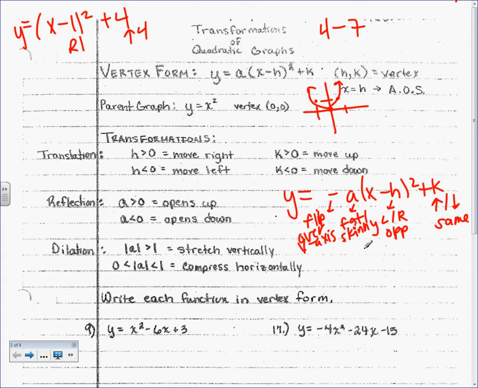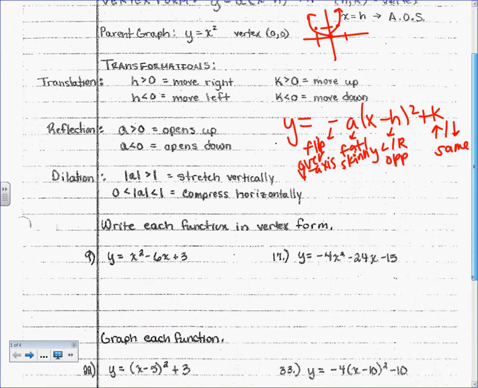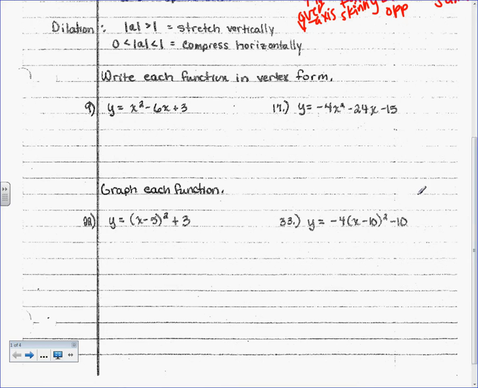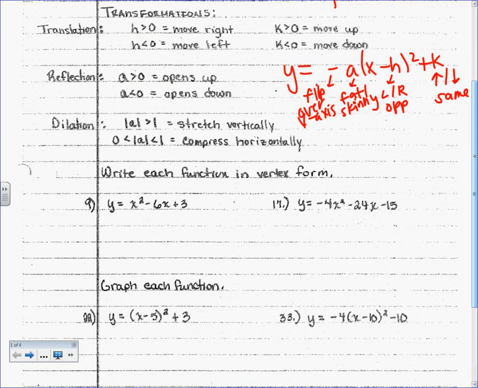Okay? Number 9 says, write each function in vertex form. That's literally what we just did yesterday. Okay? So I want you guys to try number 9. Put it in vertex form for me. So you have to remember the steps. What was step 1 from yesterday? Get it equal to 0 or equal to y, either way. And then group the x's.